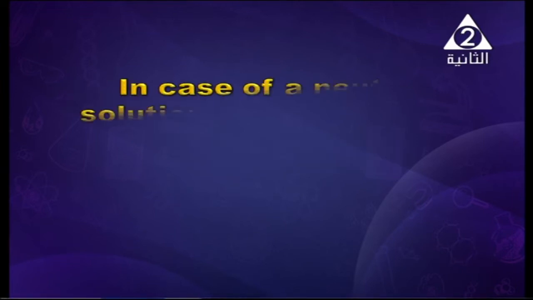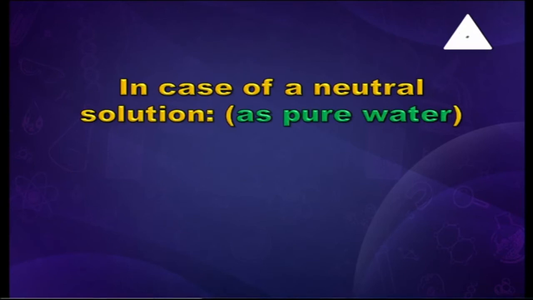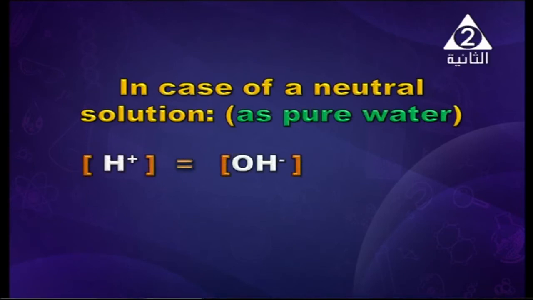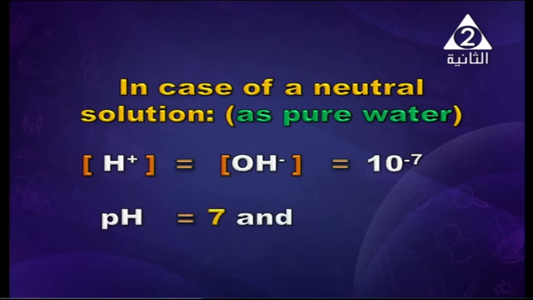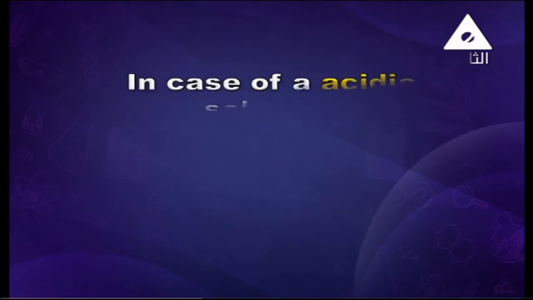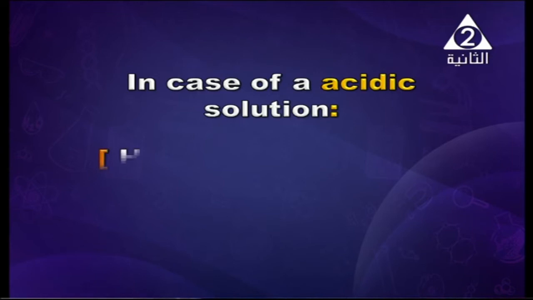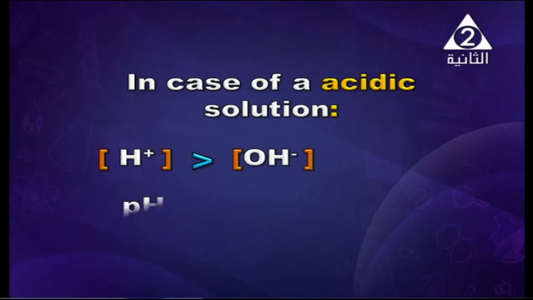In case of neutral solution, my dear student, as pure water, the concentration of hydrogen ion equals concentration of hydroxide ion equals 10 power negative 7. So, pH equals 7 and pOH equals 7. In case of acidic solution, the concentration of positive hydrogen ion is greater than concentration of negative hydroxide ion.